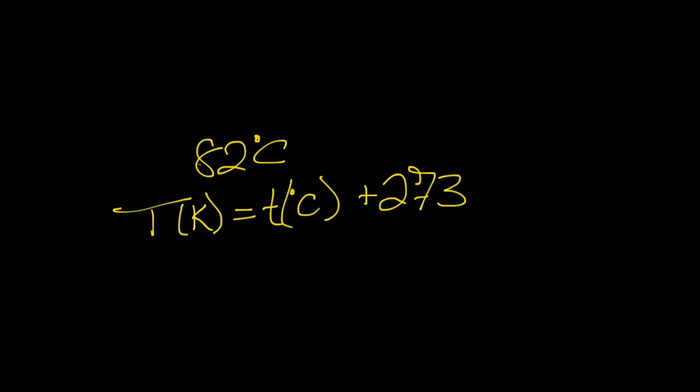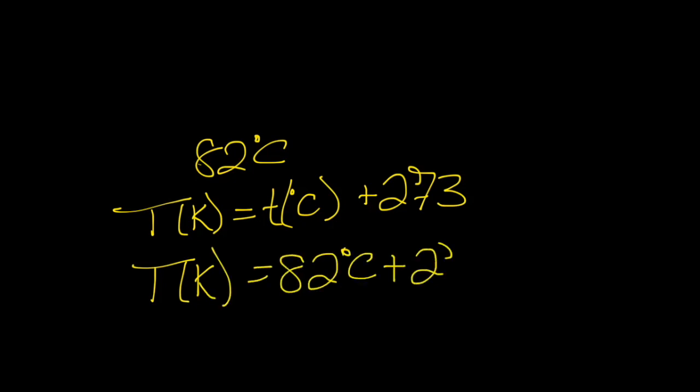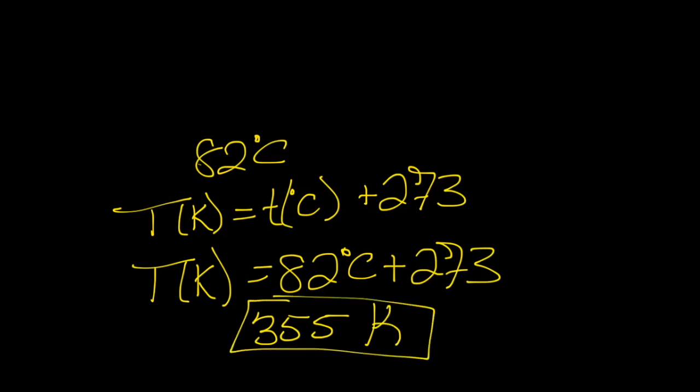So the temperature in Kelvin equals 82 degrees Celsius plus 273. And that gives us a Kelvin temperature of 355. Now for Kelvin, we don't usually use a degree symbol. It's just 355 Kelvin.